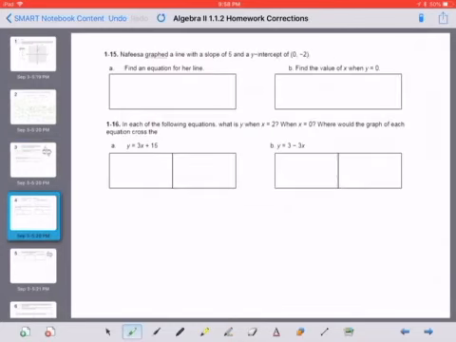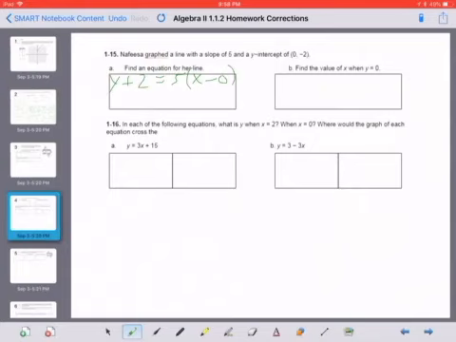Okay. Nafisa graphed a line with a slope of 5 and a y-intercept of 0, 2. It says to find the equation for her line, so I used the point-slope formula. I did y plus 2 equals 5 times x minus 0, because it's y minus, so it would be y plus 2.